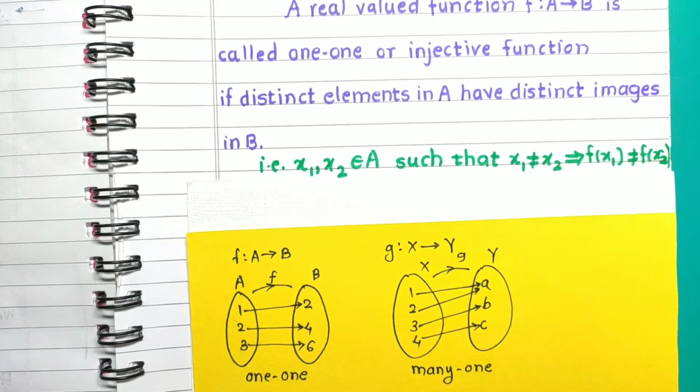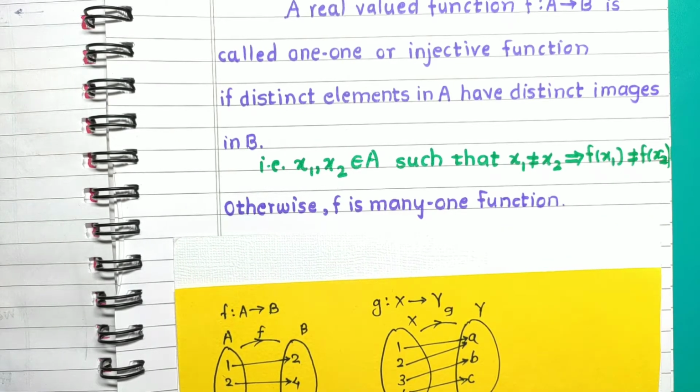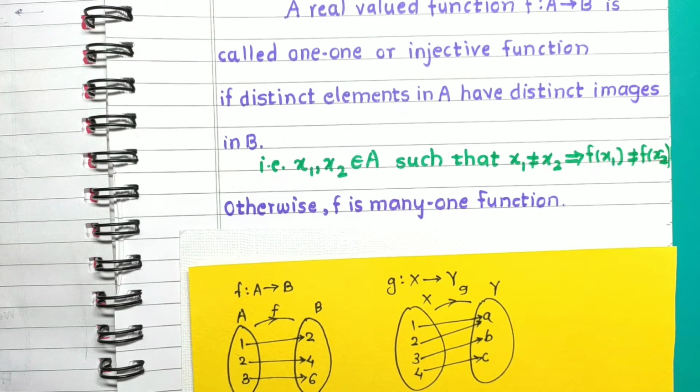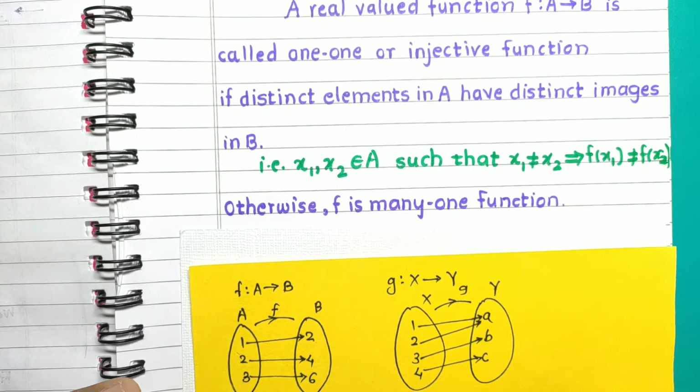And otherwise, the function is a many one function. So keep in mind, if for a function distinct elements in the domain have distinct images in the codomain, then the function is one-one or injective.